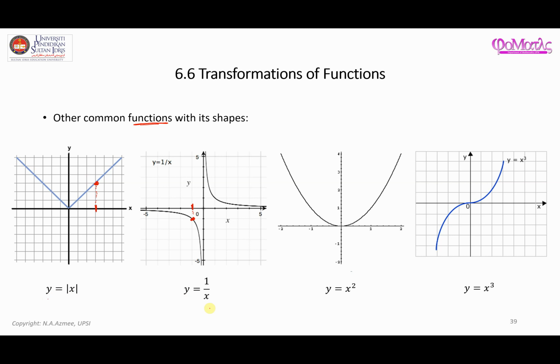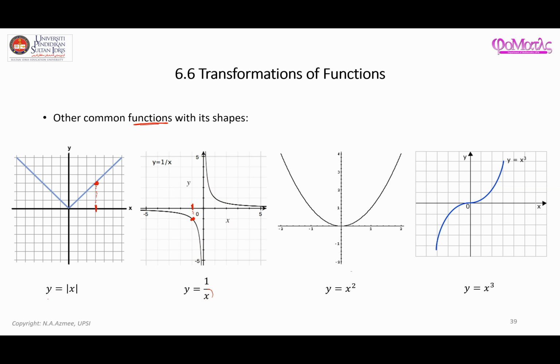Now this is a function where you have y equals 1 over x, and because of that, the graph here never touches x equals 0, because when x equals 0, it becomes undefined, and so the lines here will never touch this asymptote x equals 0.